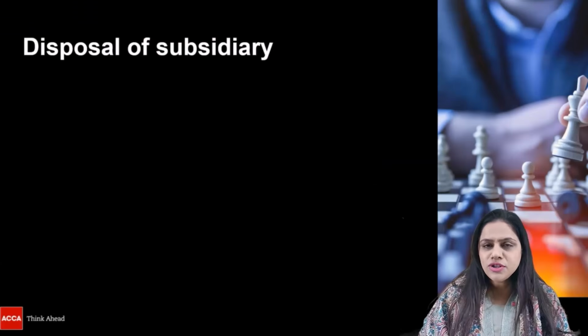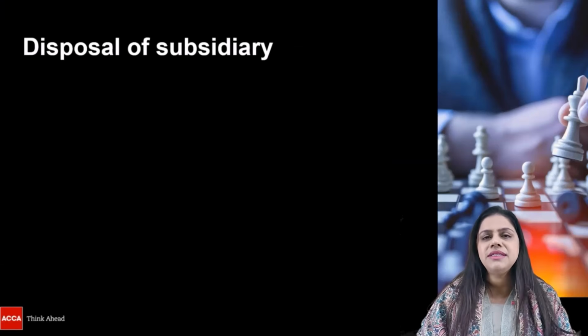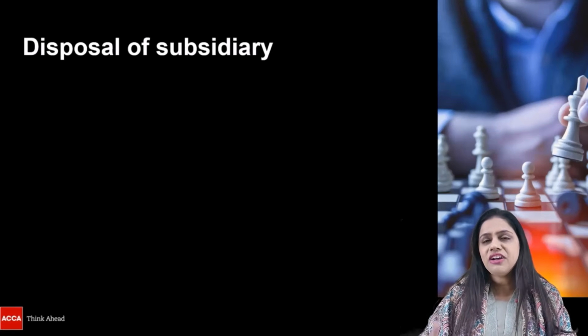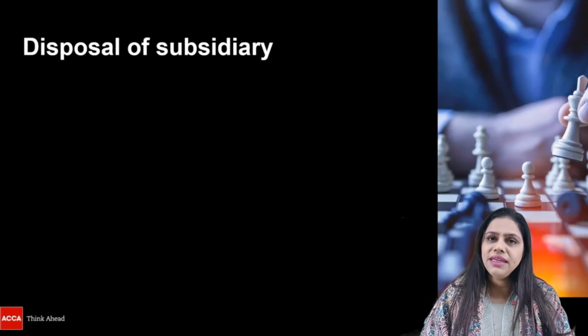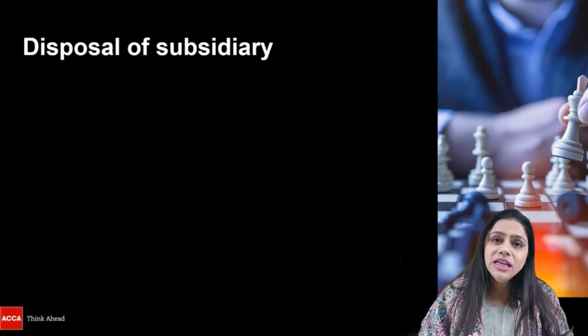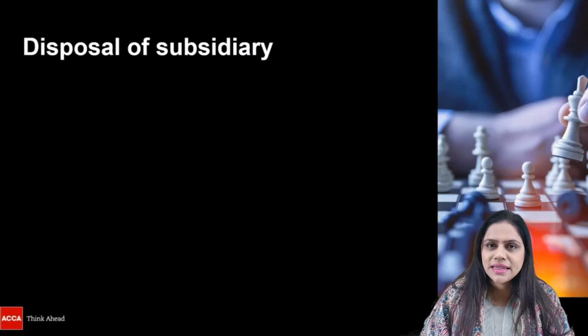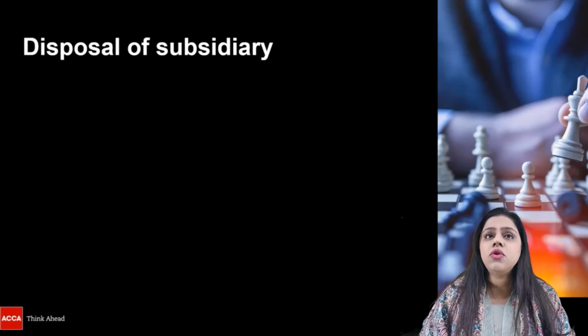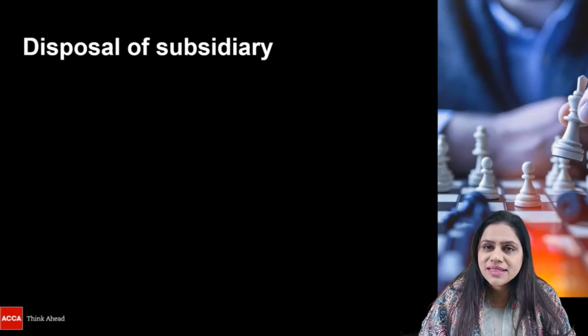Now, first of all, when we talk about the disposal of investment, the common area that is tested in our exam is the disposal of subsidiary. So we have control over a company and then we dispose of completely or partially our stake in it. That is called disposal of subsidiary.